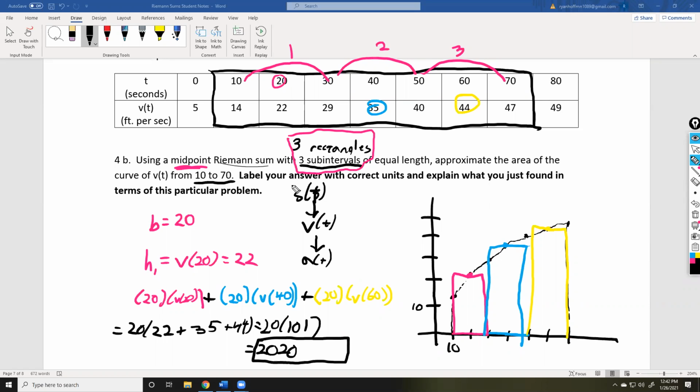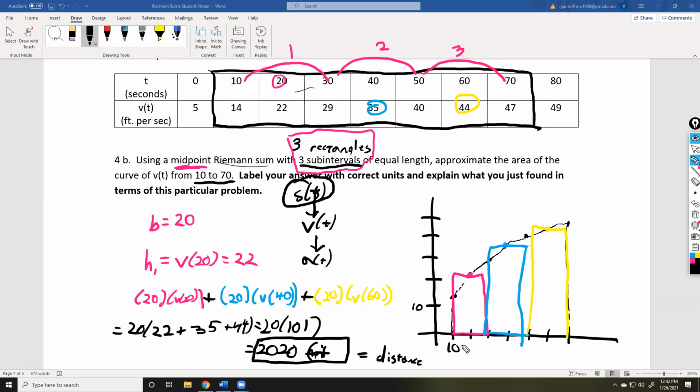So our answer here ends up being about position. Miles. So we're using our velocity to accumulate position. So the 20 miles, this is going to end up being the distance, or sorry, not miles. This is in feet.